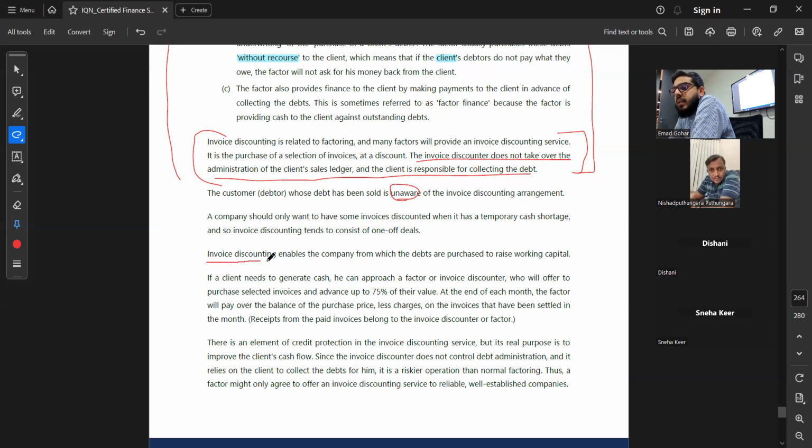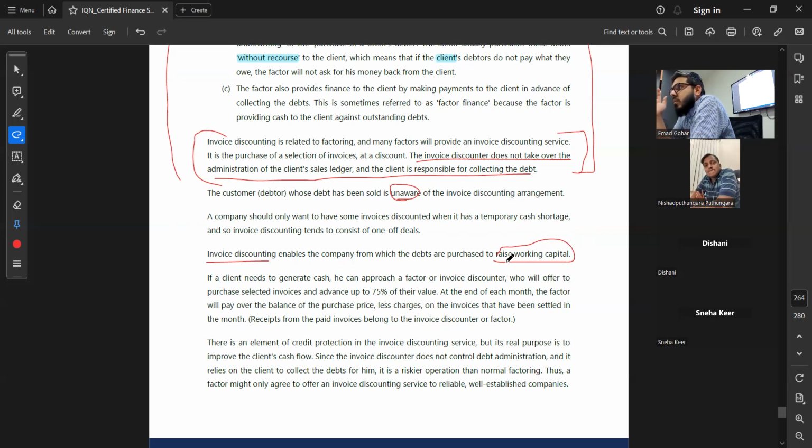So like they are saying, it enables you to raise some working capital. Okay, mostly you need to remember, normally invoice discounting is done for short term and small money. Factoring is done for big money. Invoice discounting is done for small invoices normally, and factoring is done for big fish, right?